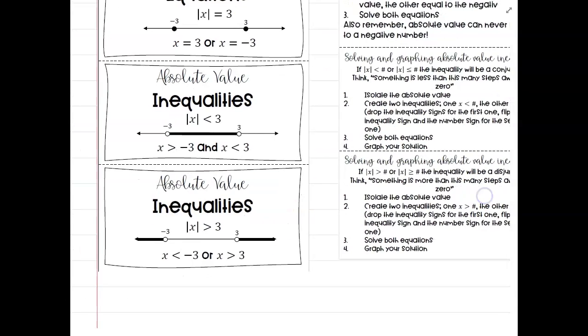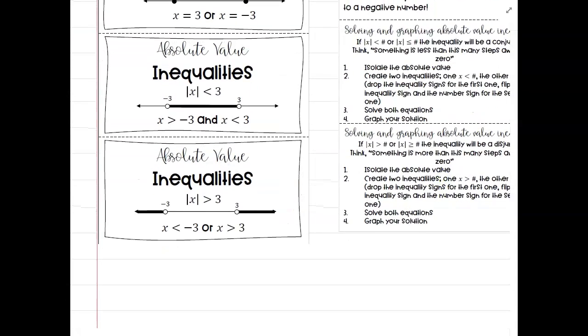So here on the front, let's start with, if I have the absolute value of x is less than 3. Remember, absolute value means distance from 0. So what this is saying is I want all the numbers that have an absolute value less than 3. That's all of the numbers that are less than 3 steps away from 0.